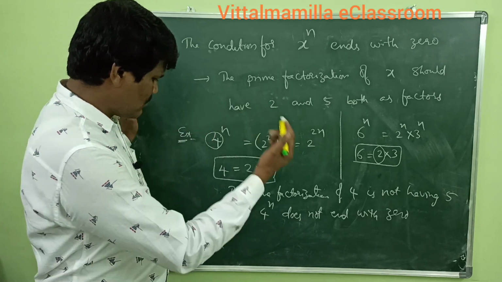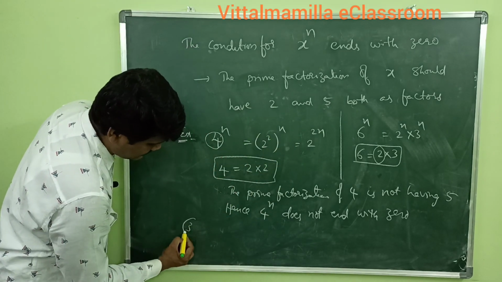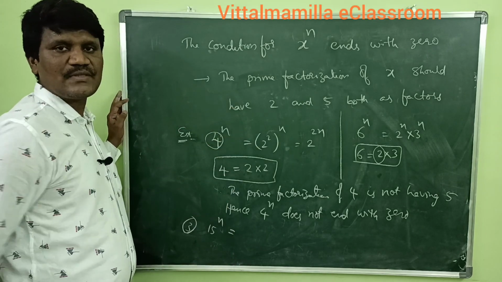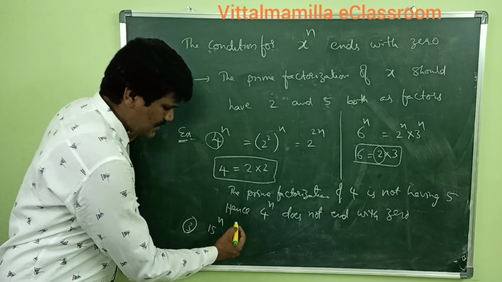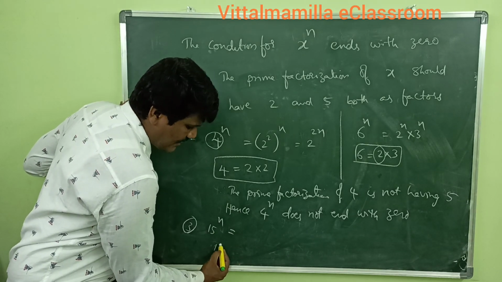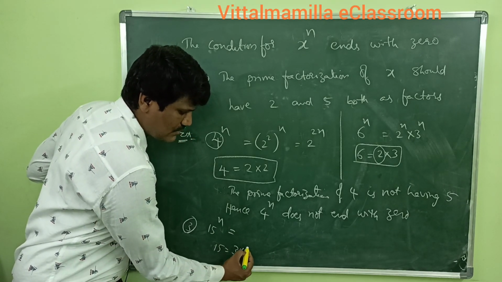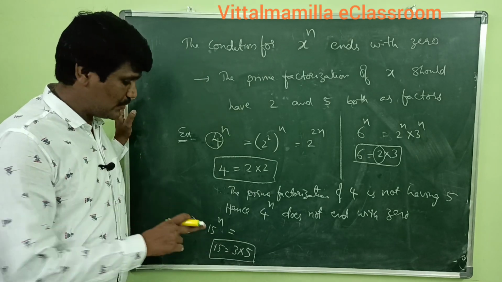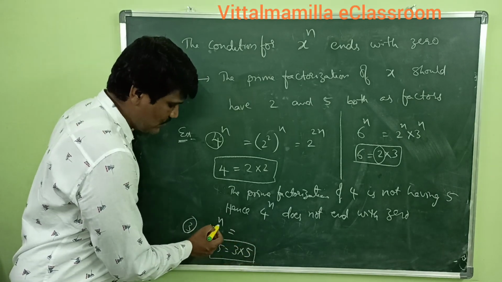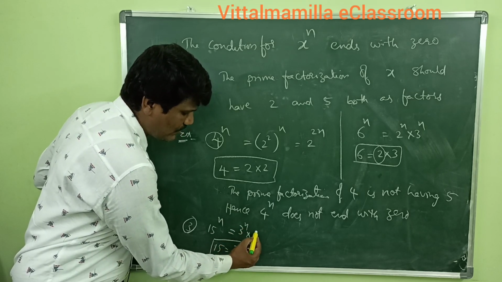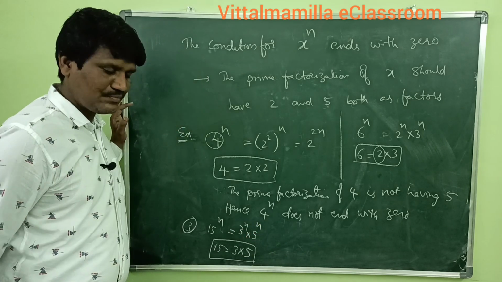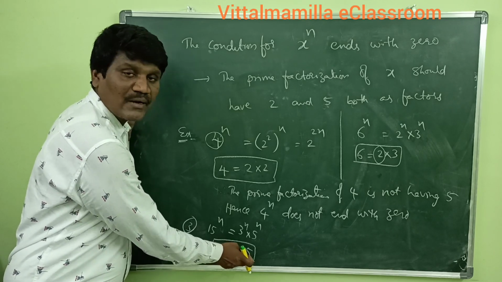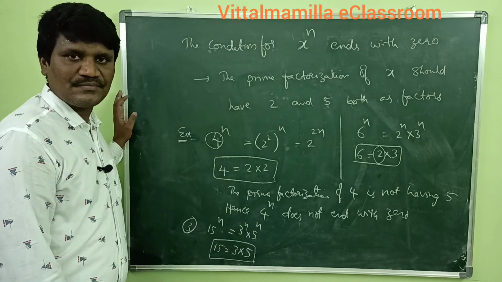Or else, one more example, if I take 15 power n. Whether 15 power n ends with 0 or not? Let us see. 15 I can write only as 3 into 5. That means 15 power n is 3 power n into 5 power n. The prime factorization of 15 is having 5 but not 3.